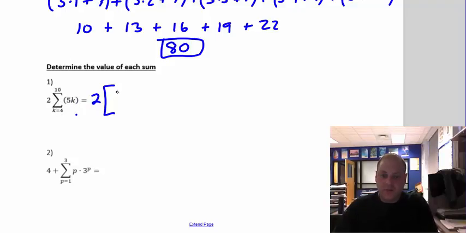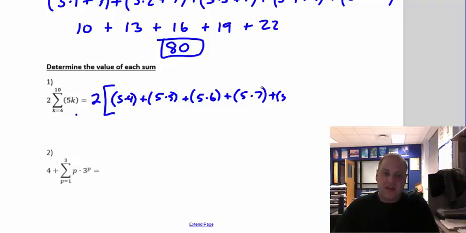So plug in 4: 5 times 4, plus, now plug in the next number, 5: 5 times 5. See how it's 5k? 5 times 6, plus 5 times 7, plus 5 times 8, plus 5 times 9, plus 5 times 10. That's a 10. Close the bracket. So now I do all the addition first, then multiply by 2.